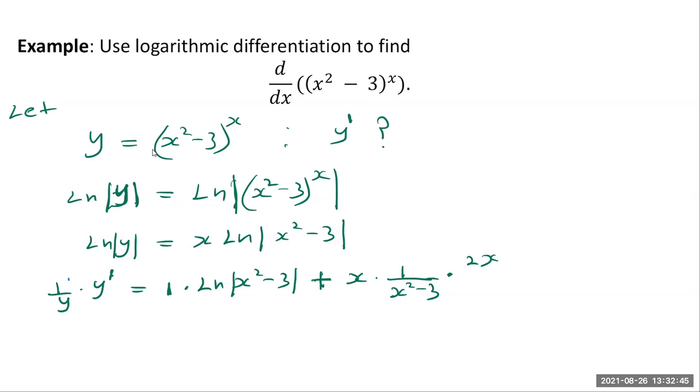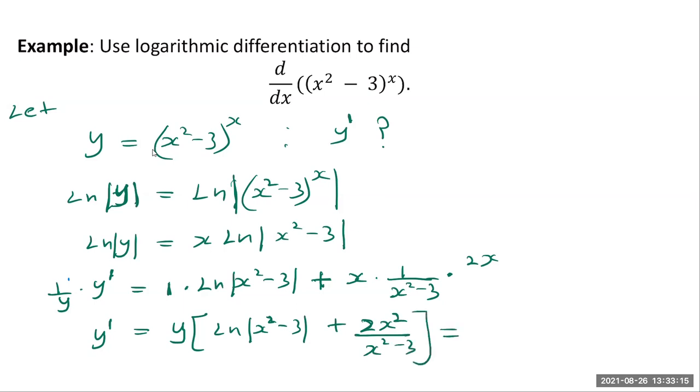Now, to find y prime, I'm going to multiply both sides of the equation by y. You have y times ln of the absolute value of x squared minus 3, plus 2x squared divided by x squared minus 3. Now, finally, you can replace your y by this expression.